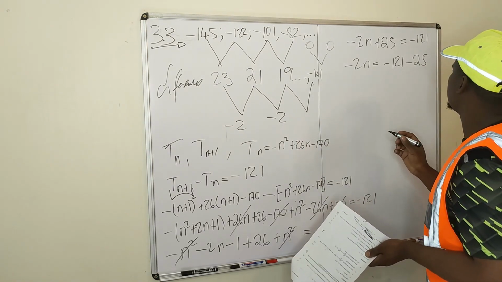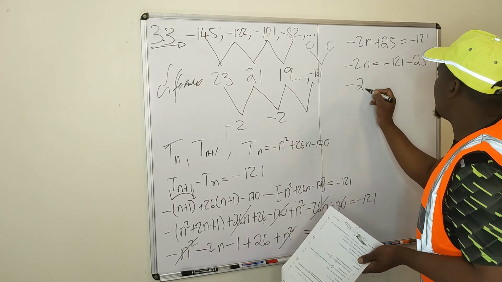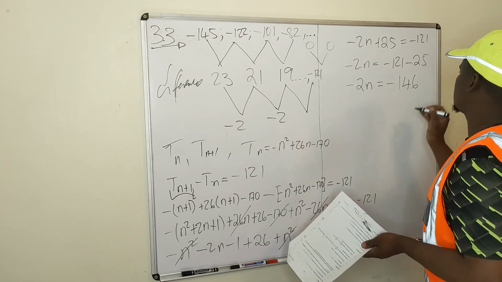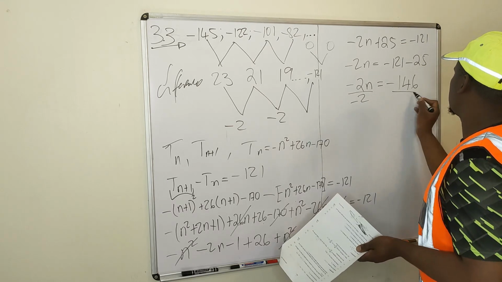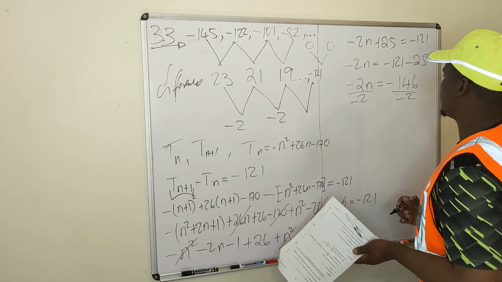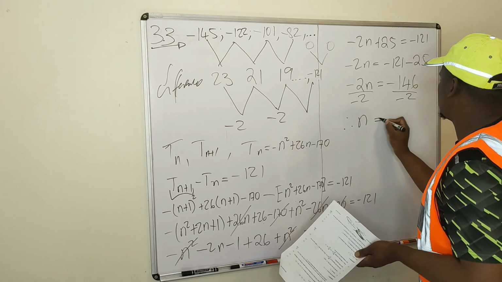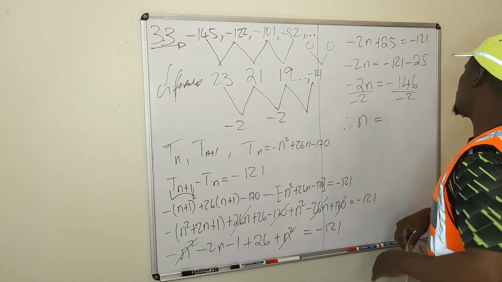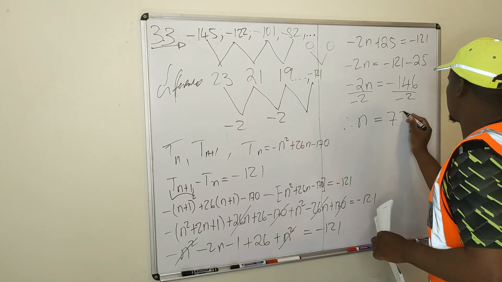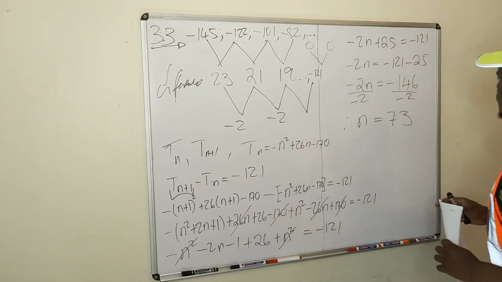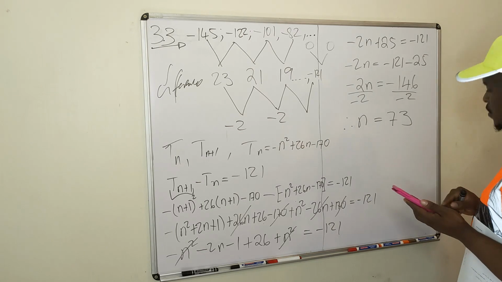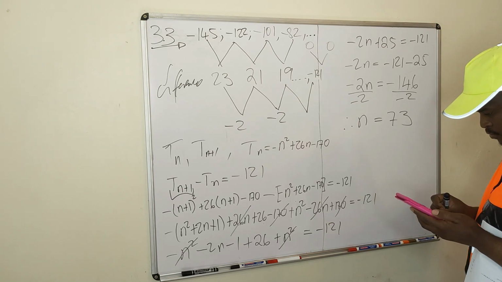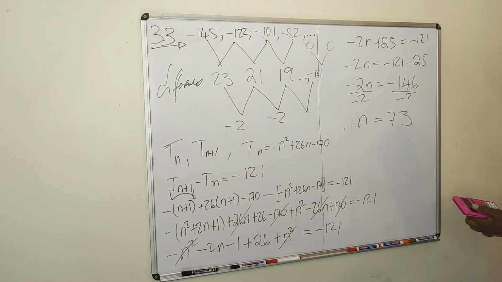And then what do we have? We have minus 2n is equal to minus 148. Then divide by minus 2. Therefore, your n is equal to half of 148. Let me double check. Yes. So n is equal to 74.